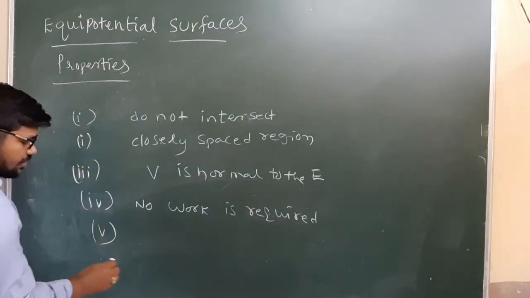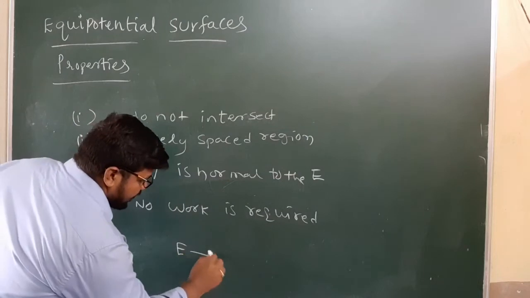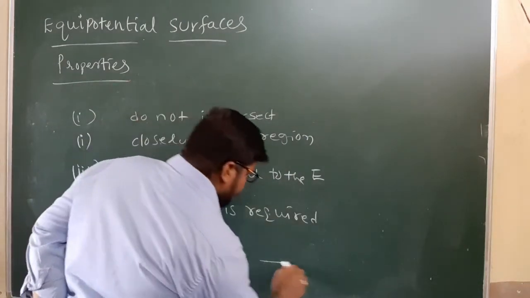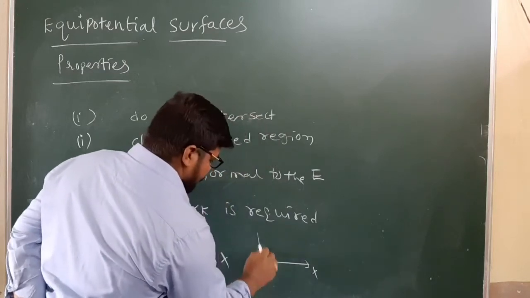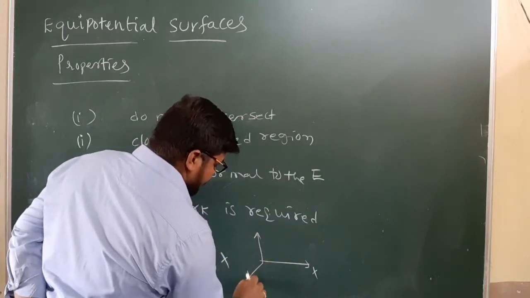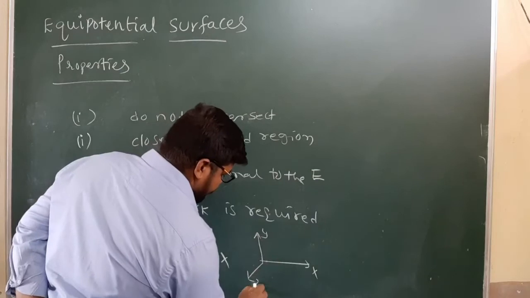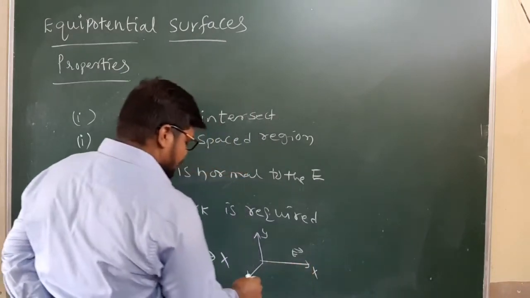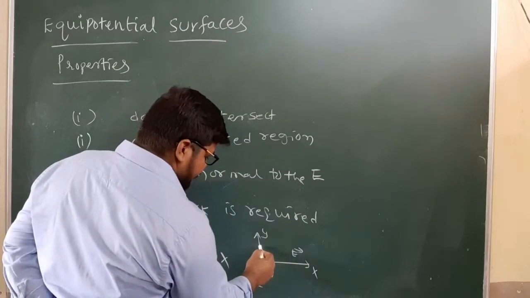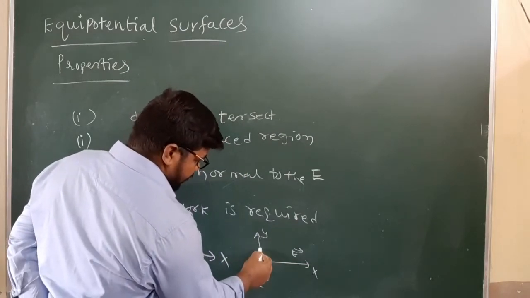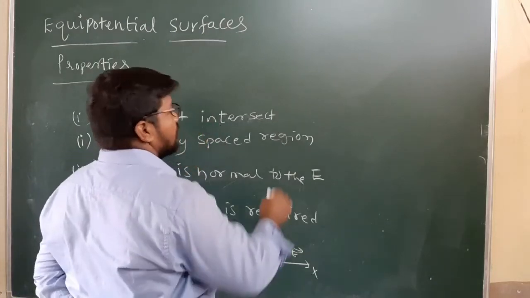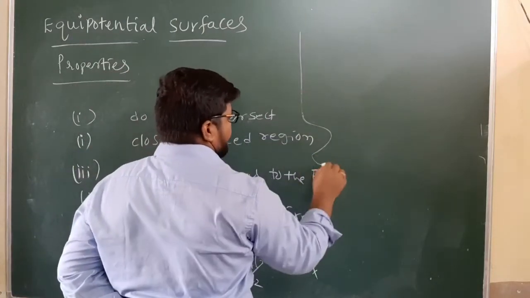See here, this is x, y, z. The electric field is in this direction, then equipotential surfaces are in the YZ plane. In this plane, how to obtain the equipotential surface.